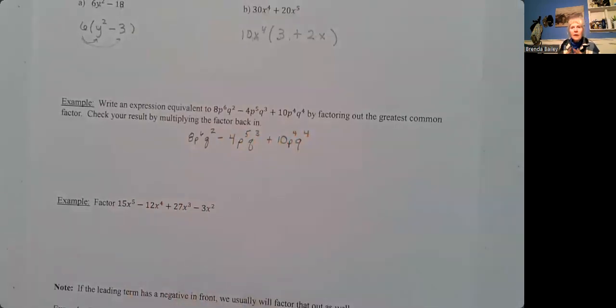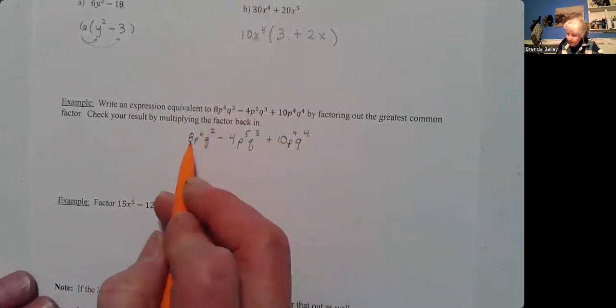So you look at the numbers in front, and we have an 8, a 4, and a 10. What's the largest number that goes into 8, 4, and 10? And remember, when you learned this earlier, you may have learned trees, and then you just take out the smallest of what's in common. Or, some of you know that you can divide all of these.